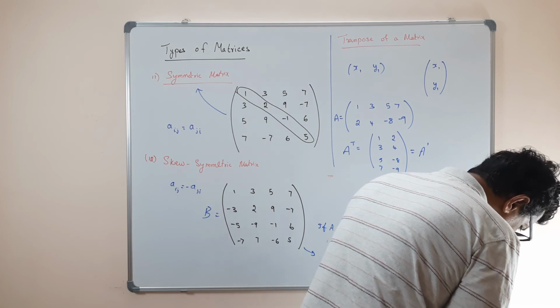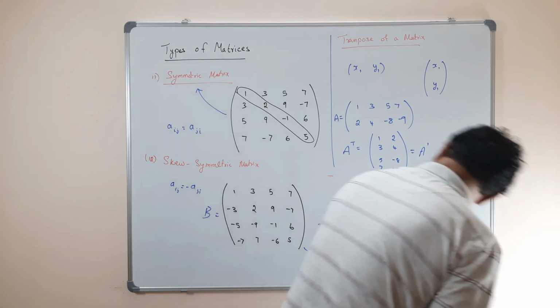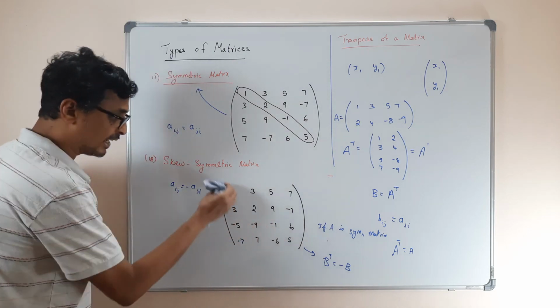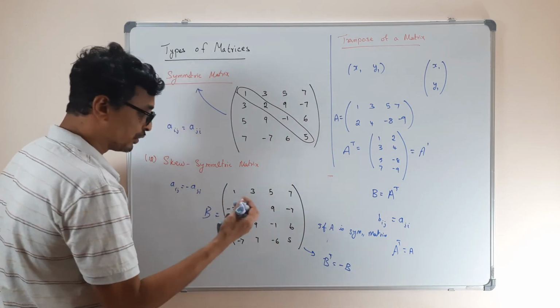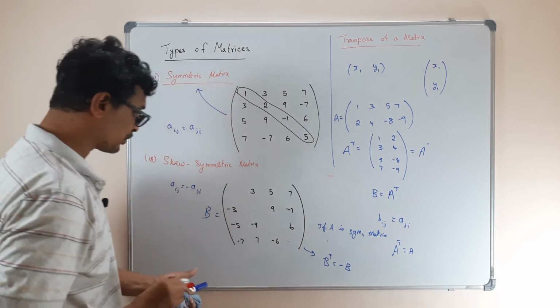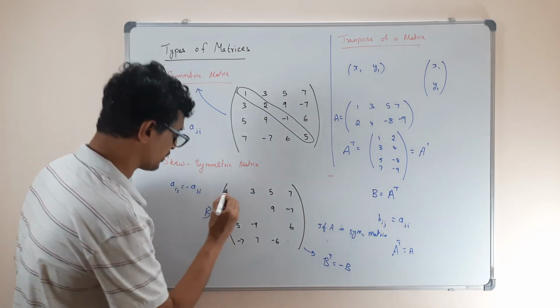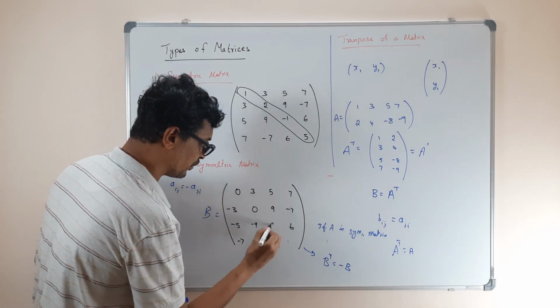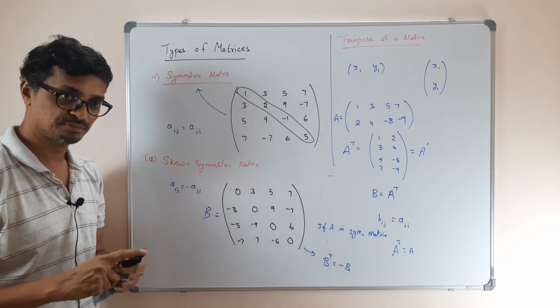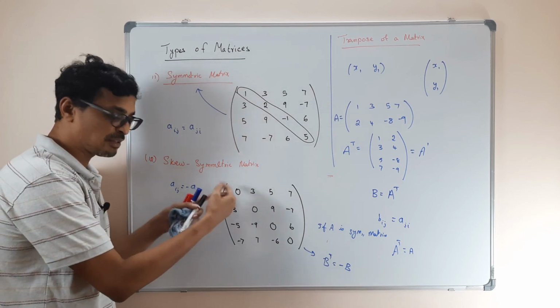I made a mistake. Sorry. I missed it. Correct, for a skew symmetric matrix, your diagonal element has to be 0. See, the sign has to be opposite, no? So, sorry, I made a mistake. You have to correct this. That's why I was wondering. I was thinking somewhere else I was making a mistake. 0, 0, 0, 0. For a skew symmetric matrix, diagonal elements will always be 0. See, here everything minus and plus has to be equal, right?